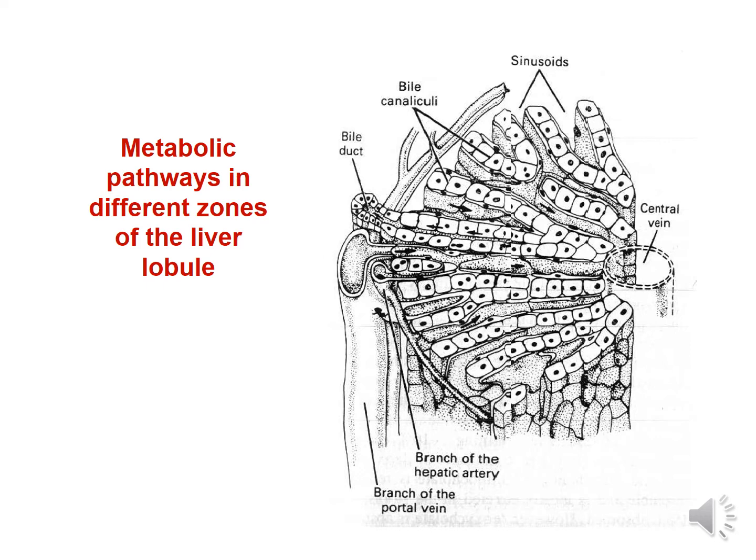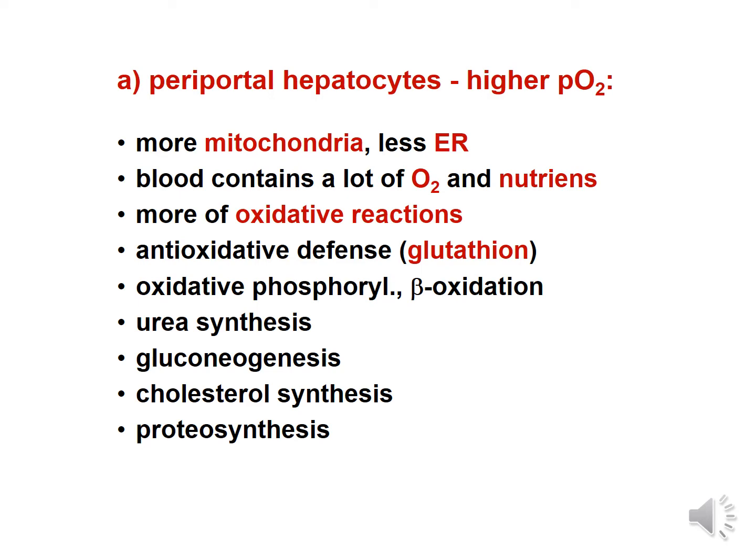Metabolic pathways in the liver occur in different zones of the liver lobule. Periportal hepatocytes have a higher concentration of oxygen, more mitochondria, less endoplasmic reticulum.